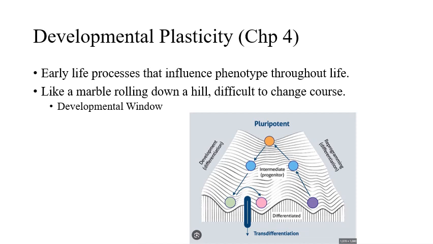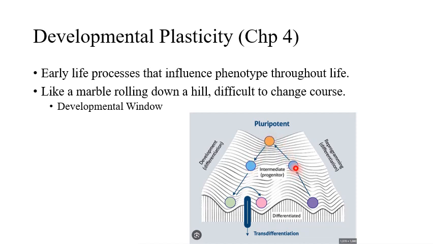So the organism has to make decisions at that window and try to predict future outcomes, okay? And that's basically developmental plasticity, right? I forget who the father of it was, but he basically described it as a marble rolling down a hill, right? It starts out at this point right here where it can become anything, and it can go this way or it can go this way, right?